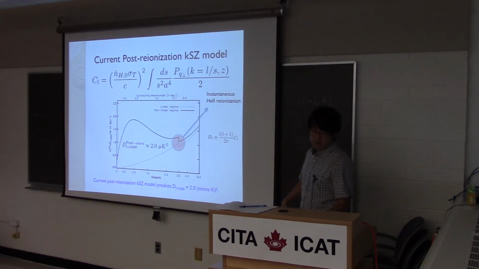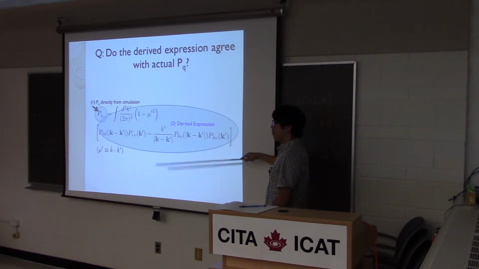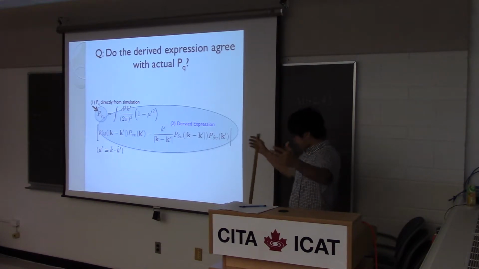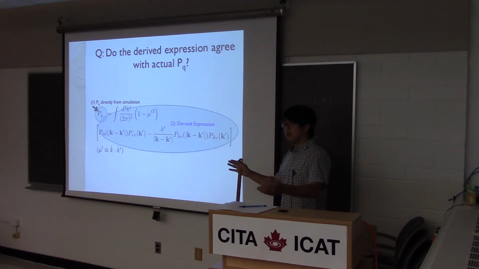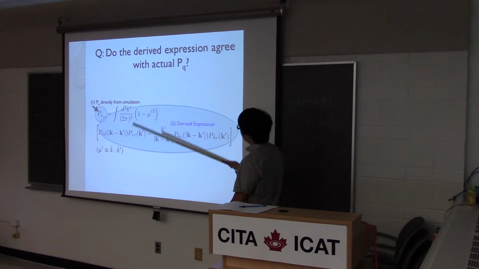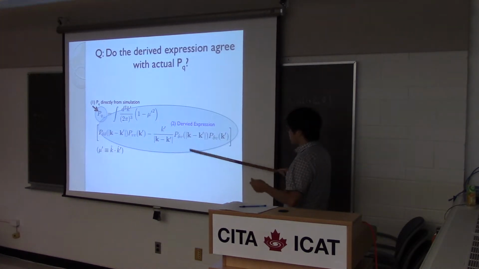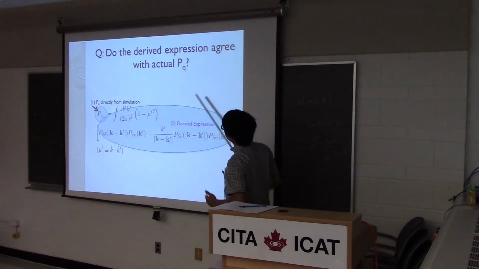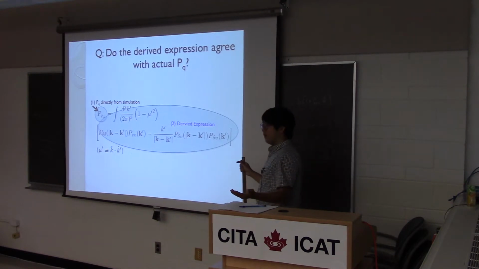So then we actually want to test this analytical expression. Since we have this giant N-body simulation, we can directly calculate this momentum field and take its power spectrum. And also we can take the density, velocity, and density-velocity cross power spectra from the simulation and plug those into this integral, and then they're supposed to agree.